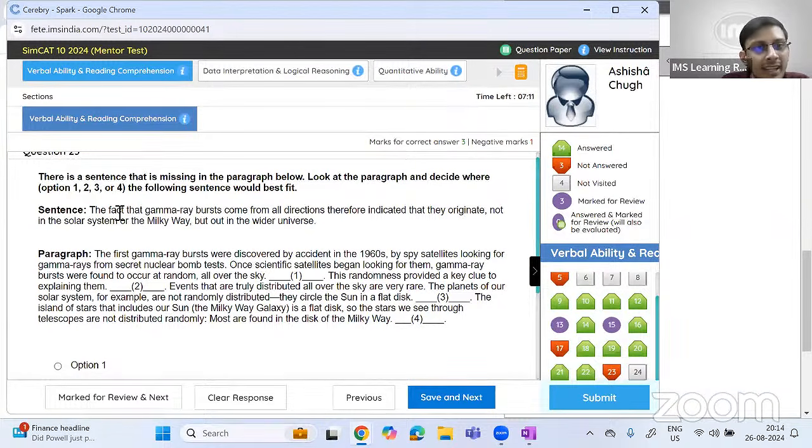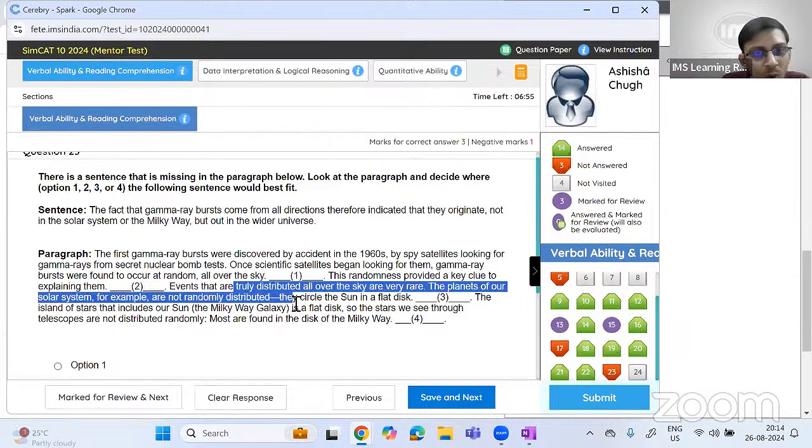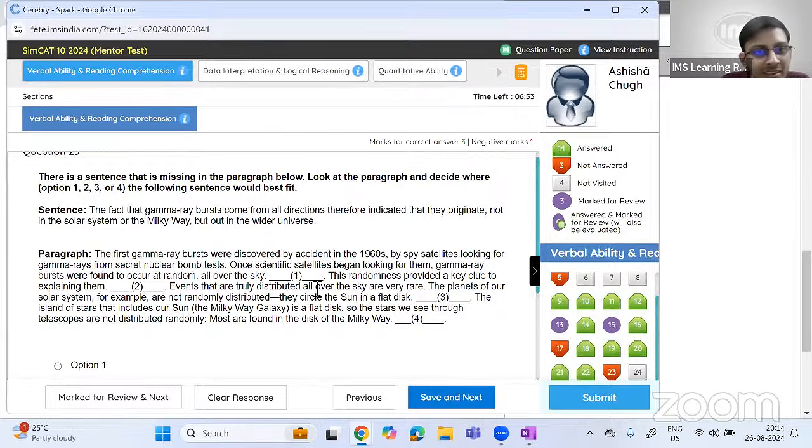So what I can see is that the fact gamma ray bursts come from all directions. Here, one I eliminated. Now in two, randomness provided a key clue. Randomness is related to all directions, and all directions then truly distributed all over the sky seems to make sense. Okay, so two seems fine. Planets are not randomly distributed, a flat disk.